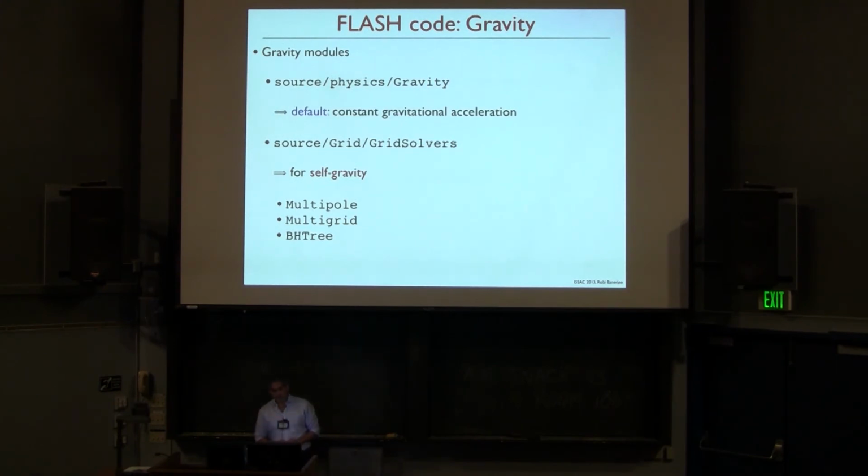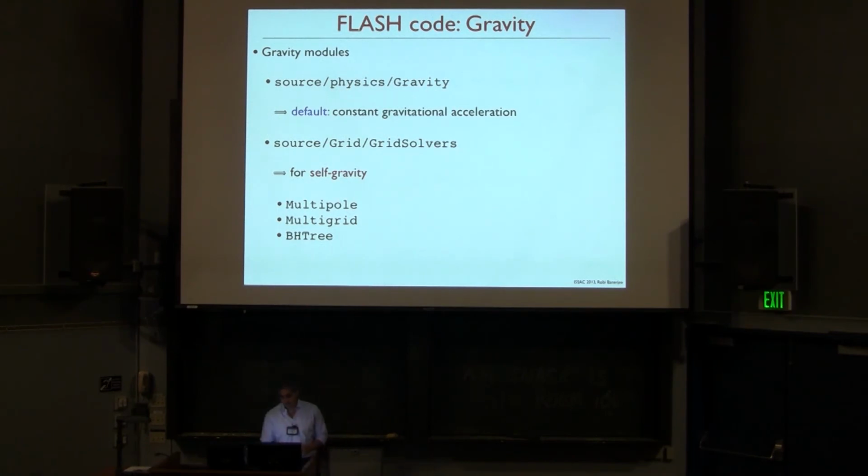In a practical sense, you find all the modules in these directories here, again in the source structure, in the physics directory, which tells you what kind of gravity you want to use, and the particular solver, in particular when it comes down to solving a self-gravitating problem. So you have to solve the Poisson equation.